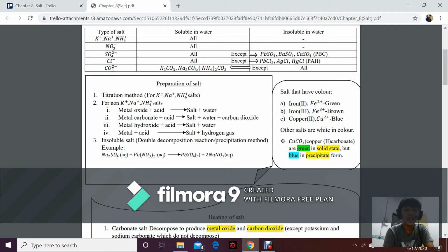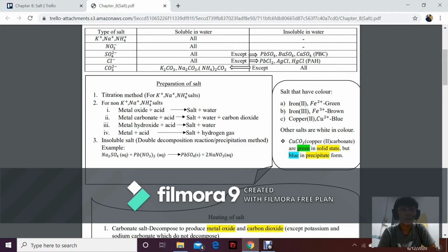But then for carbonate salt, not carbonate salt, for metal carbonate. For example, lead carbonate PbCO3 and acid like HCl.